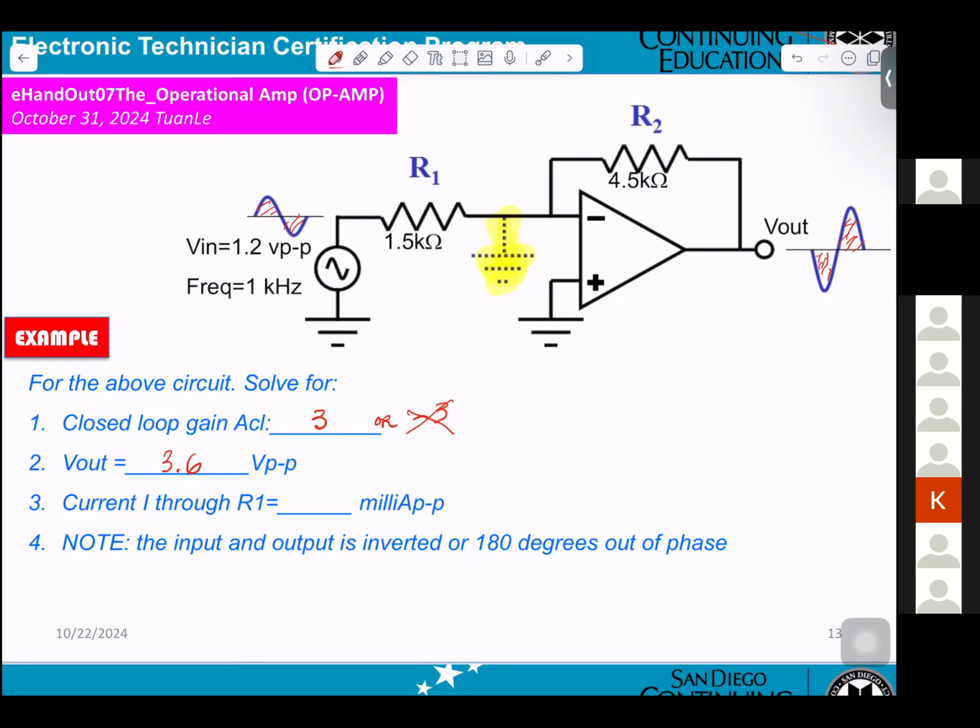Current I through R1, I got 0.8 milliamps. Perfect. You take the input divided by 1.5K, so you get 0.8.